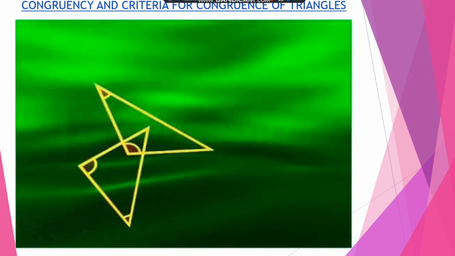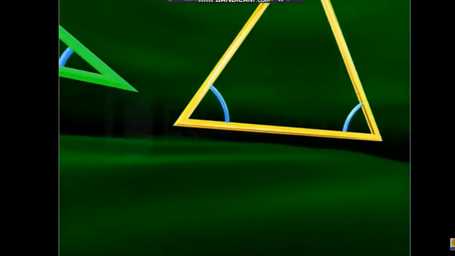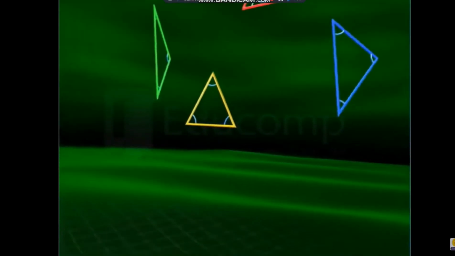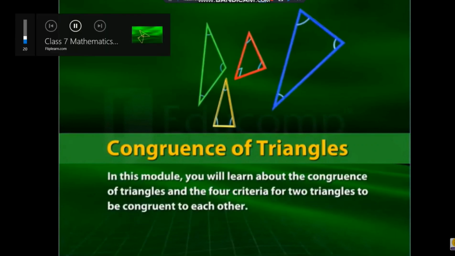It is shown for congruence of triangles, and the four conditions are also shown in detail here. So watch the video carefully to understand the concept of congruence of triangles.